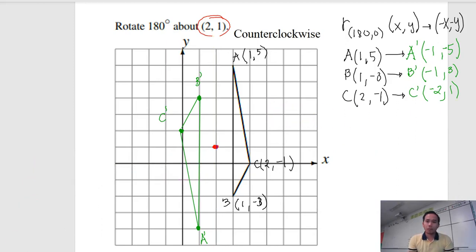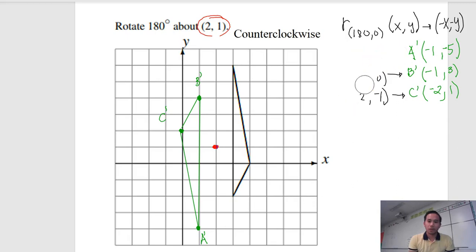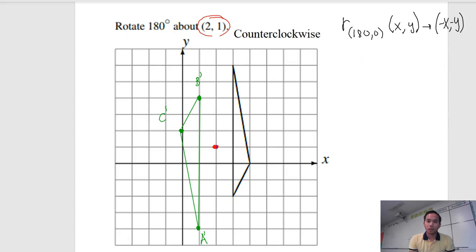You see, I removed the blue Cartesian plane, and I also remove the points that I put there, because those are relative to the blue Cartesian plane that I drew a while ago. Now we are done rotating the points.